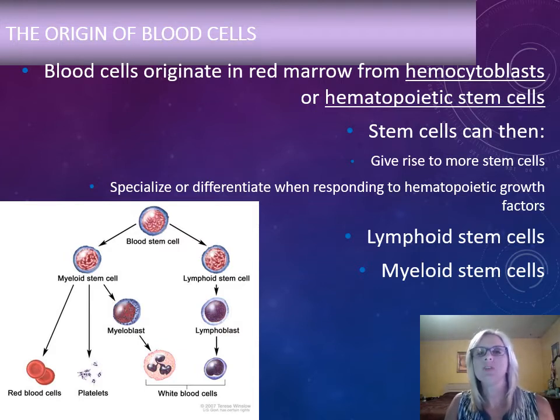We have two types of stem cells that they can become, lymphoid and myeloid. These are going to respond to hematopoietic growth factors that can turn specific genes on and off, which determines what the stem cell will eventually become. This also can make the different formed elements of the blood.